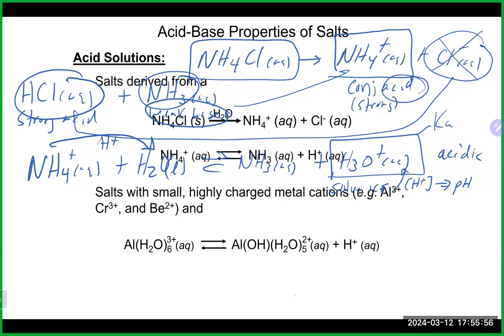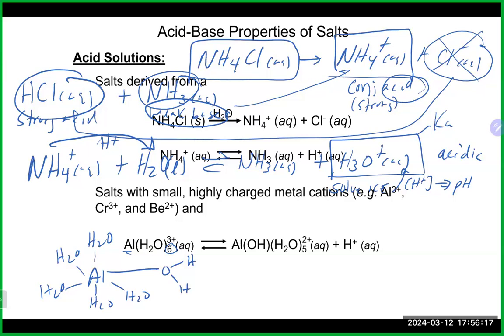Essentially, what's going to happen in this case is we have basically aluminum, and we basically have 6 waters surrounding the aluminum. So I'm not going to draw all the waters out. I'll just write them as H2O. And on the 6th one, I will draw it out like this. So on that 6th one there, we do have our OH on each side there.